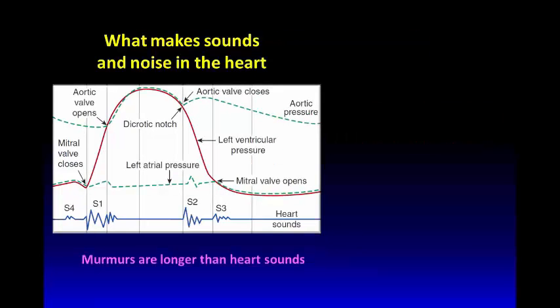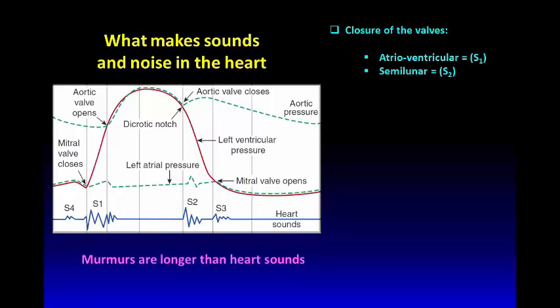So, sounds or noise can be produced in the heart normally as a result of closure of the valves, as we mentioned in the previous slides. Closure of the AV valves produces S1 at the beginning of ventricular systole, and closure of the semilunar valves, the aortic valve and the pulmonary valve, produces S2 just after the end of ventricular systole and at the beginning of ventricular diastole.